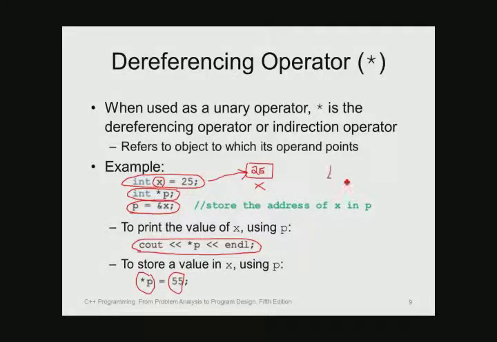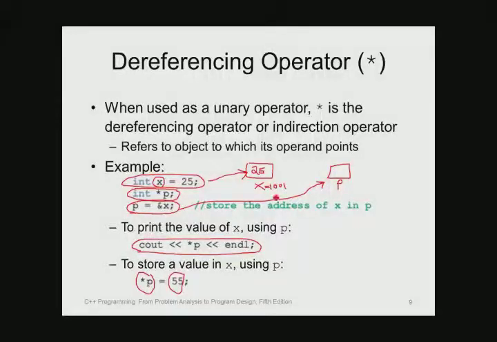In the next line, we have a variable called p that only holds memory locations. Then in the third step, we have p pointing to the address location of x. Let's say the address location of x is 1001.